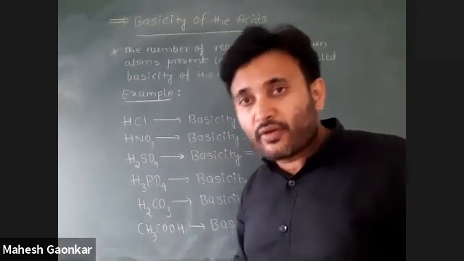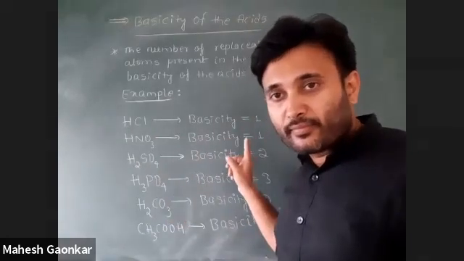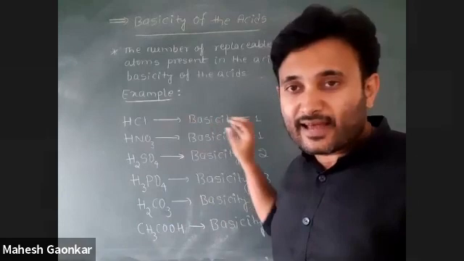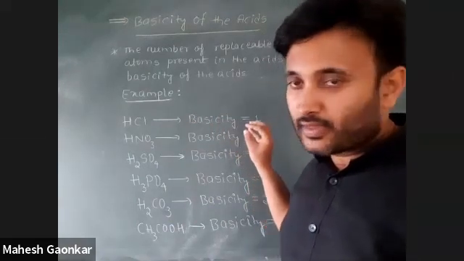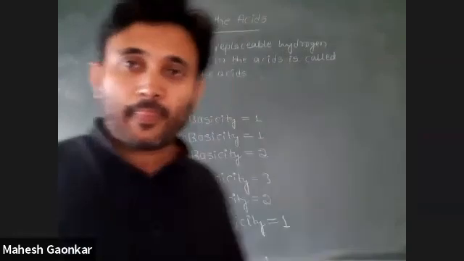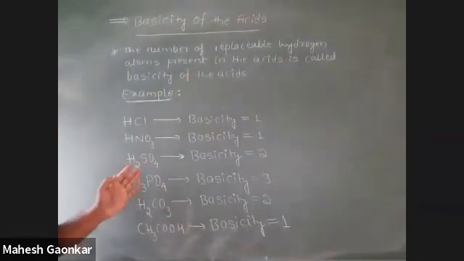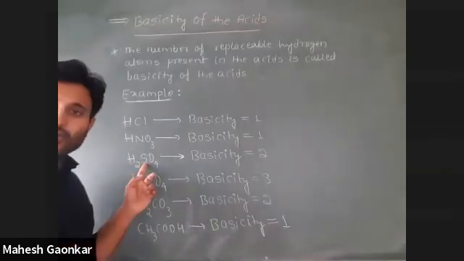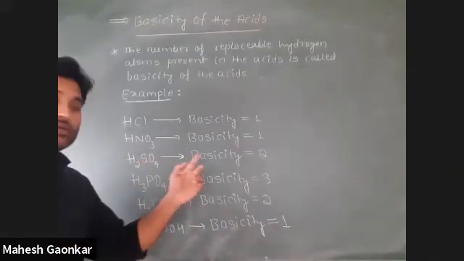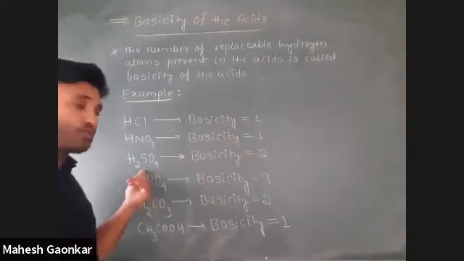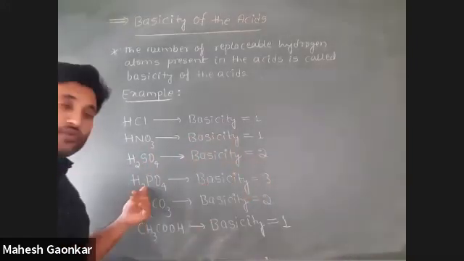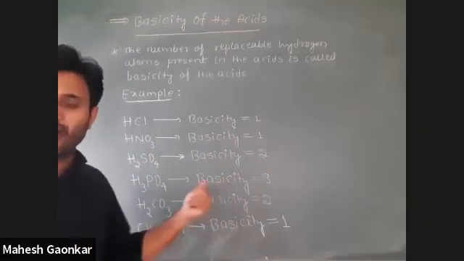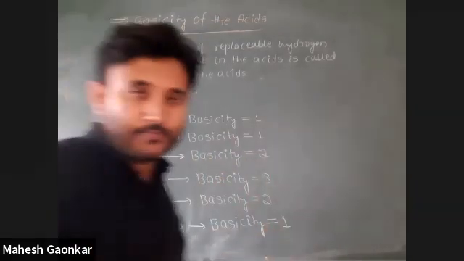Therefore, the basicity of HNO3 is also 1, and it is called a monobasic acid. Then H2SO4 has got two replaceable hydrogen atoms. Therefore, its basicity is 2, and it is also called a dibasic acid. Phosphoric acid has 3 replaceable hydrogen atoms, so its basicity is 3 and it is called a tribasic acid.